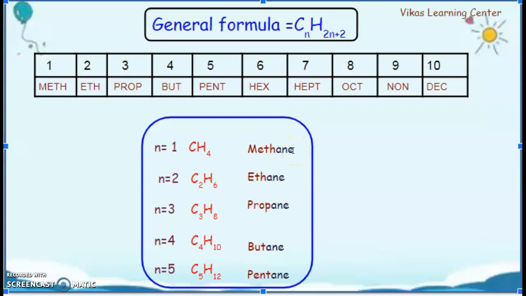So the name goes as meth with the suffix ane, so it is methane. If it is 2 carbon atoms, the name is ethane. If it is 3, the name will be propane. If it is 4, the name is butane. If it is 5, the name initiates with pent having the suffix ane, that is pentane.